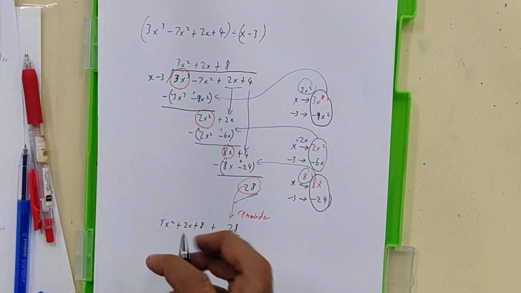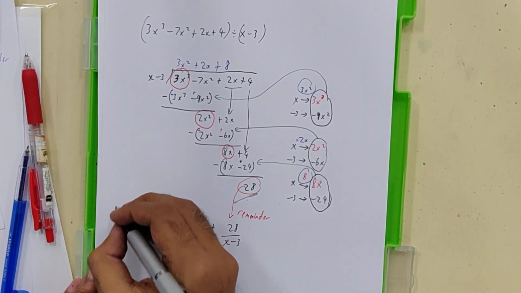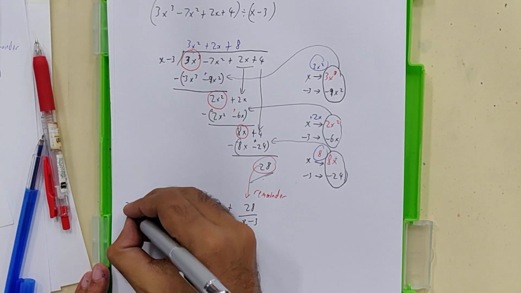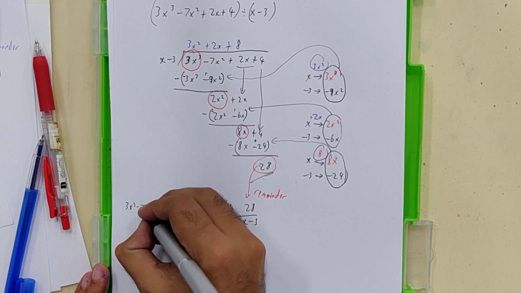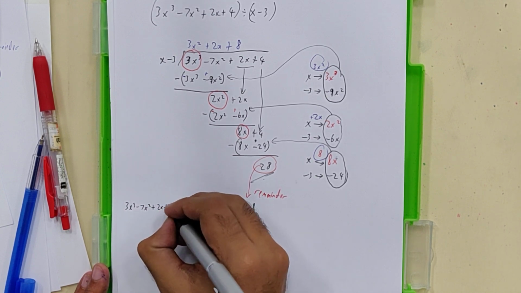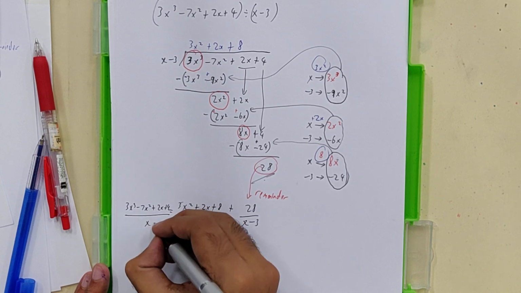This is if you write things down like this. 3x cubed minus 7x squared plus 2x plus 4 over.